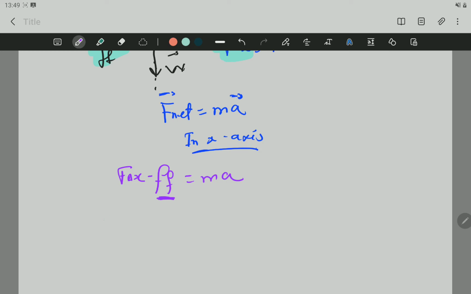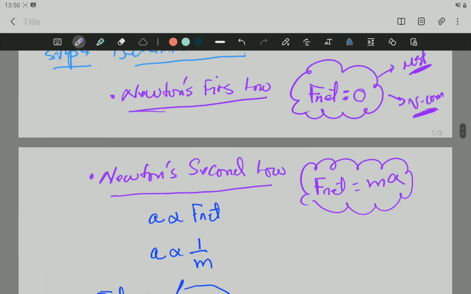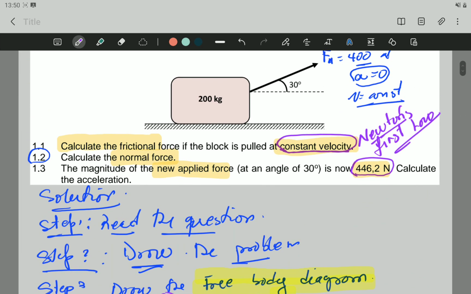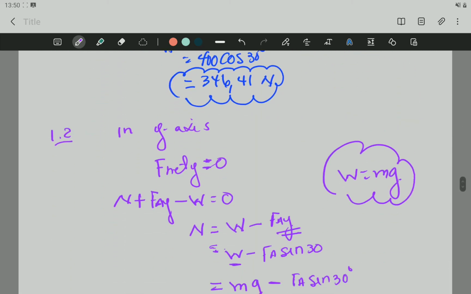So the applied force multiplied by cosine of theta minus the frictional force is equal to ma. The applied force is now no longer 400. It is now 446,2.